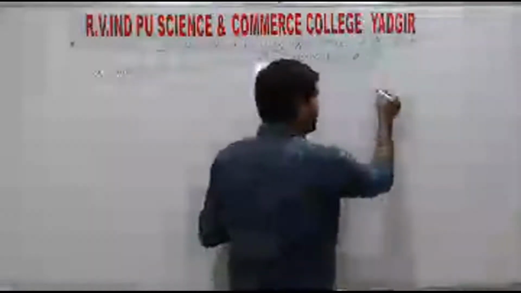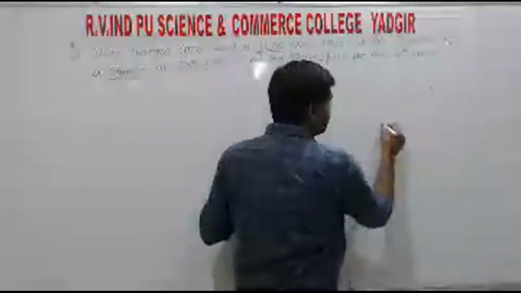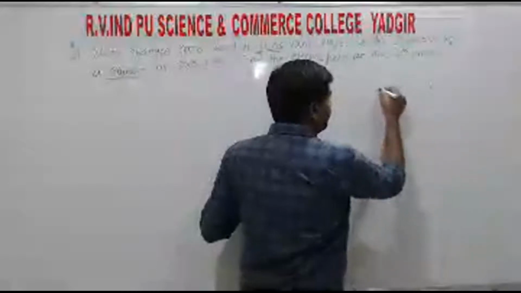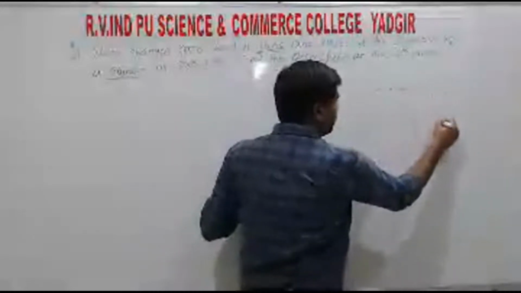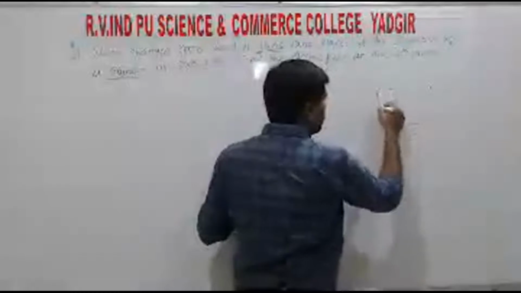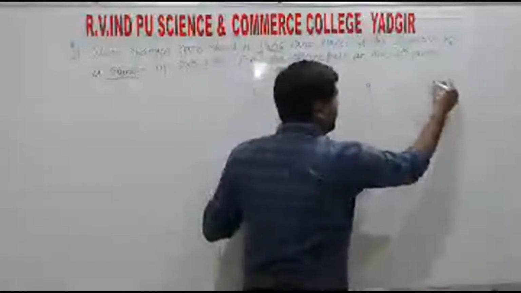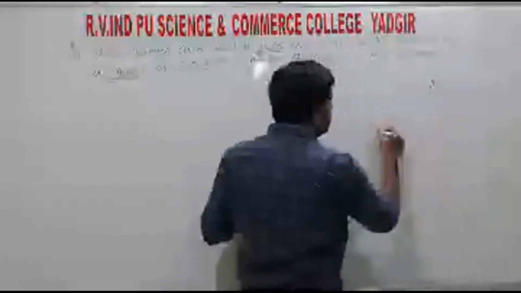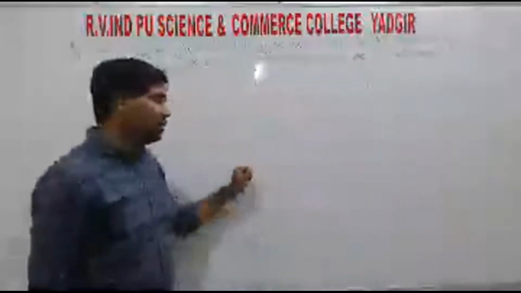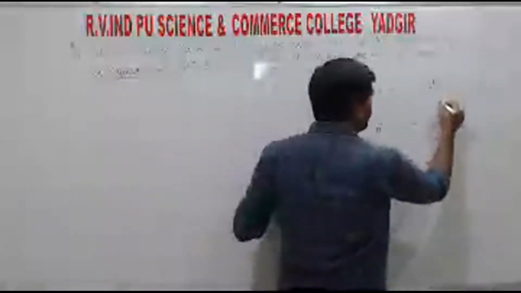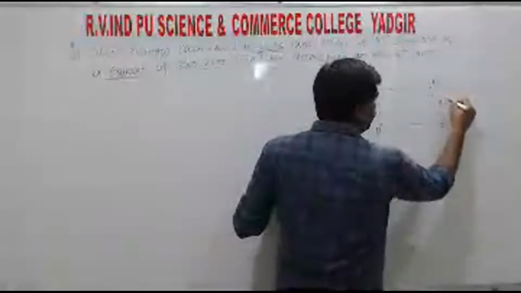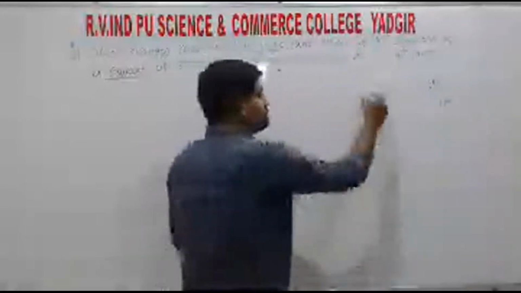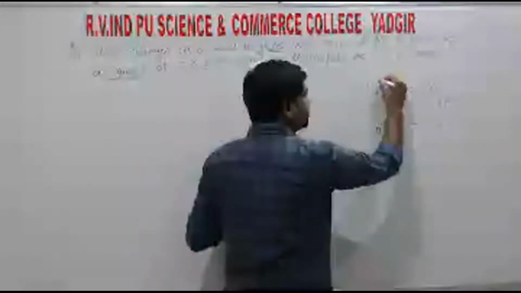So if we take the corners of the square, we call it A, B, C, and D. So this is the square, with side 2 centimeter, and each charge is 4 nanocoulomb.